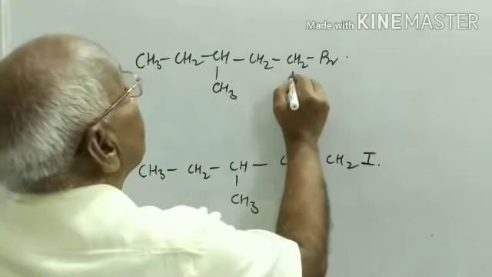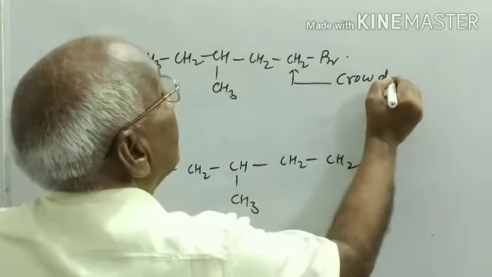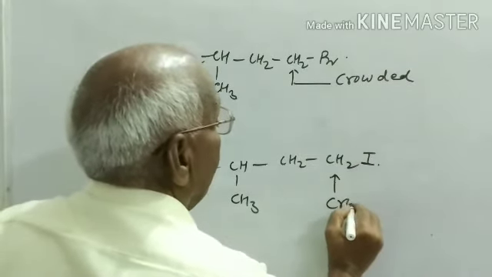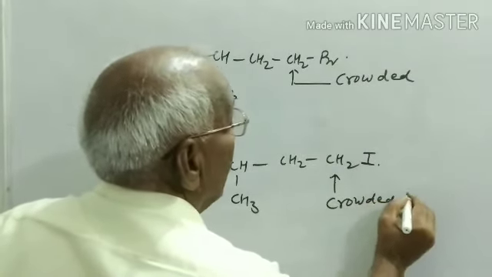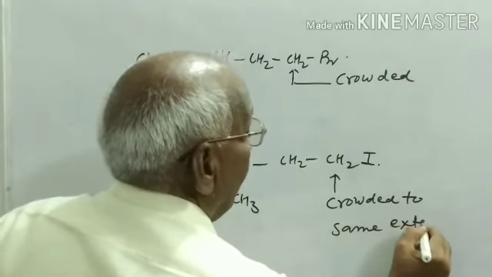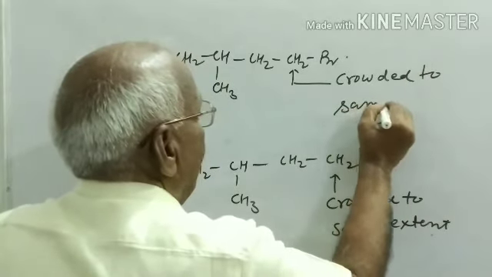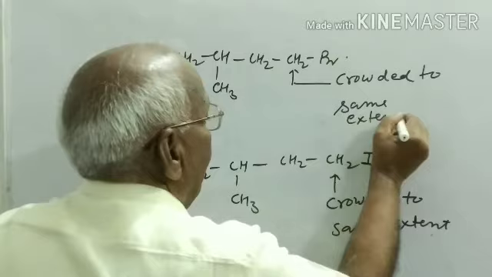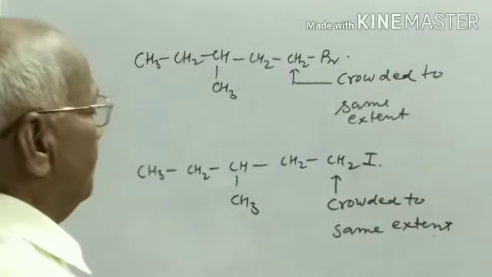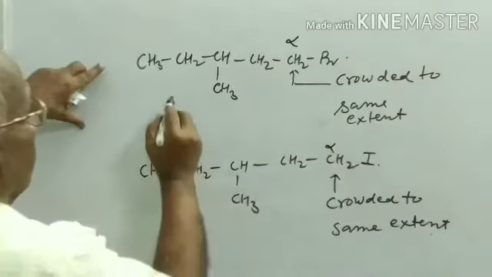This is crowded, and this is also crowded to the same extent. This is the alpha carbon, and this is the alpha carbon. The carbon skeleton is the same.